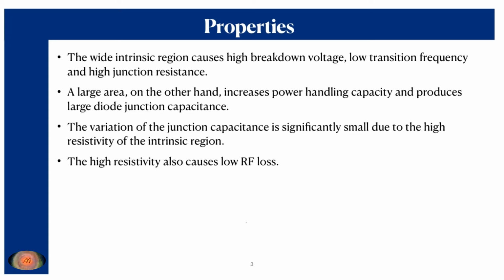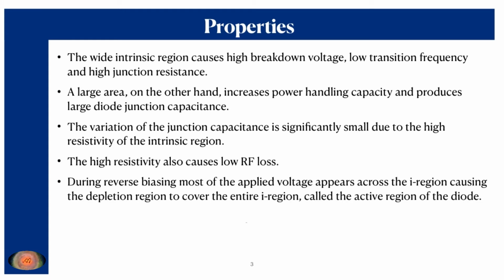The high resistivity also causes the low RF loss, because you know from the basic theory of electromagnetism that when an electromagnetic wave propagates through a medium, the more the conductivity of the medium, the more loss the electromagnetic wave experiences. So in this case, since the resistivity is higher for a pin diode, the loss of the RF wave is smaller. And this point I already discussed at the beginning of this slide.